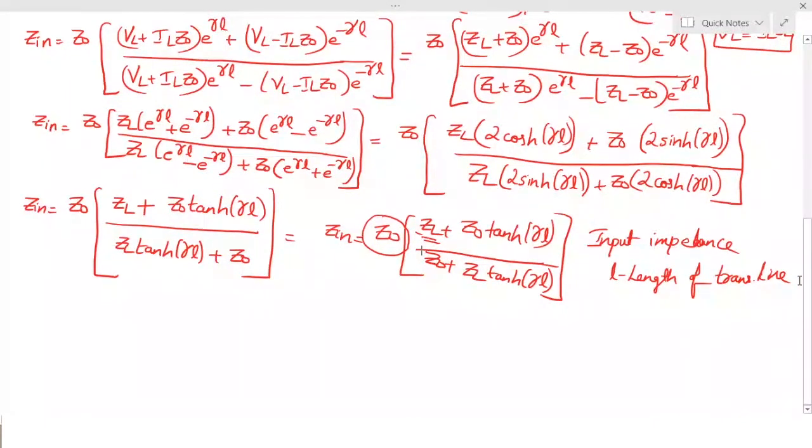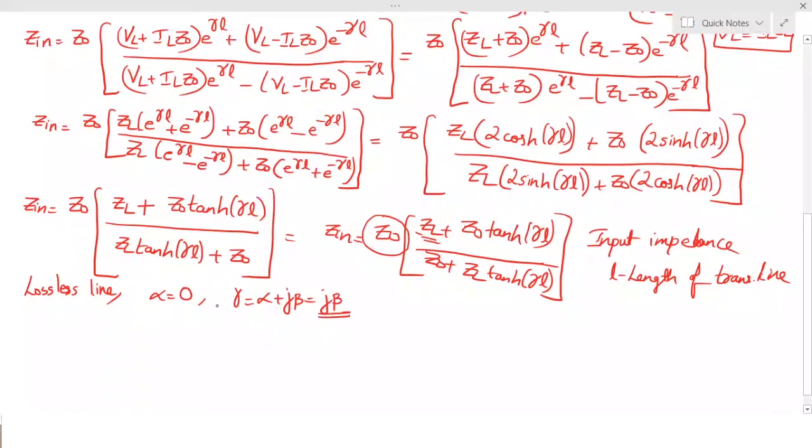One more thing, if you are considering a lossless line, it means alpha is equal to 0. Then gamma, alpha plus j beta, will be reduced to j beta.